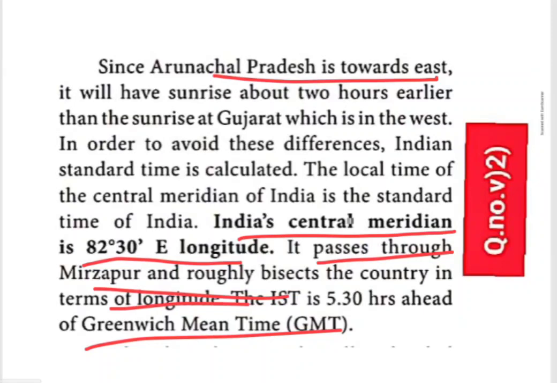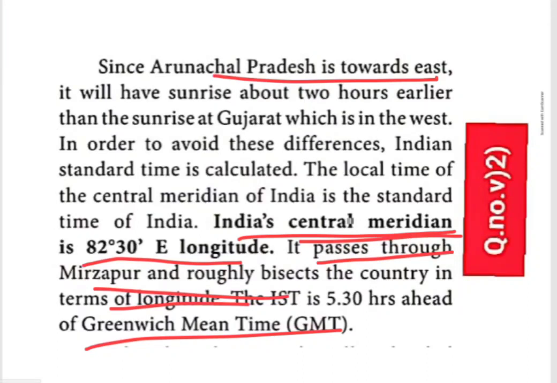Indian Standard Time is called the Central Meridian, the 82 degree 30 minute east longitude line. It crosses our country through Mirzapur, in the sense Allahabad, in Uttar Pradesh. So it bisects the country in terms of longitude; in the name of longitude, it cuts our country.